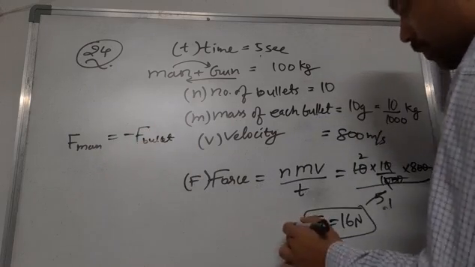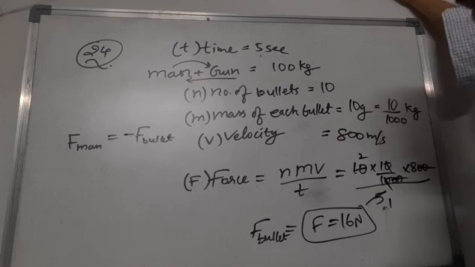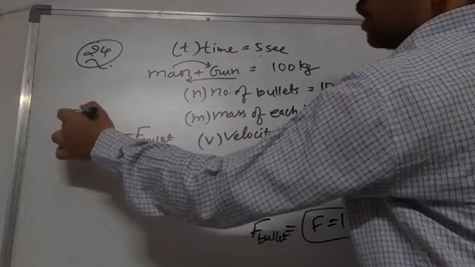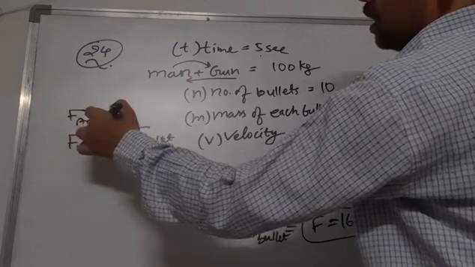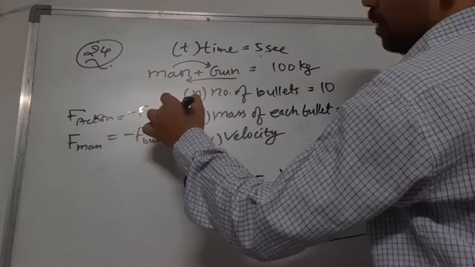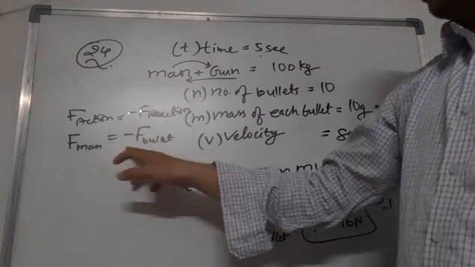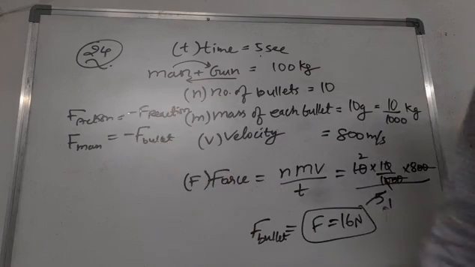This is the bullet force only. They are action-reaction forces. F action is equal to minus F reaction. That's why the man's force must be equal to the negative of the bullet force.